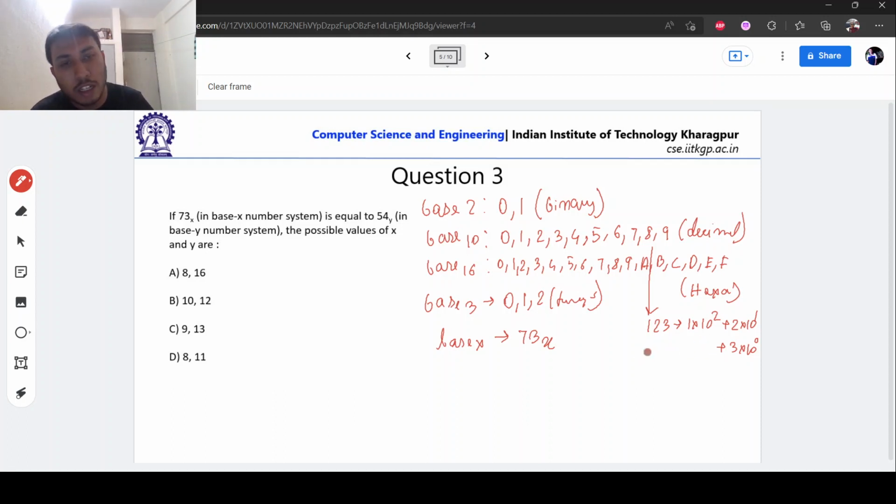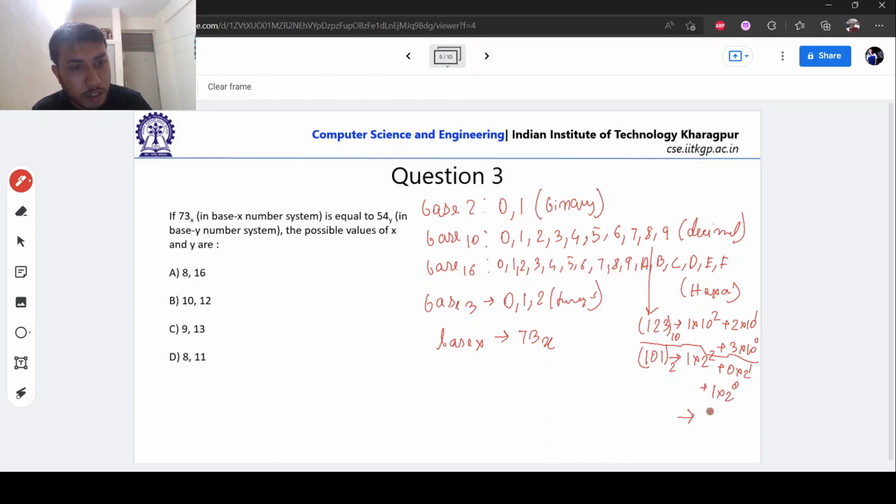Similarly, if we have the number 101 in base 2, how can it be represented? It is 1 into 2 to the power of 2 plus 0 into 2 to the power of 1 plus 1 into 2 to the power of 0.